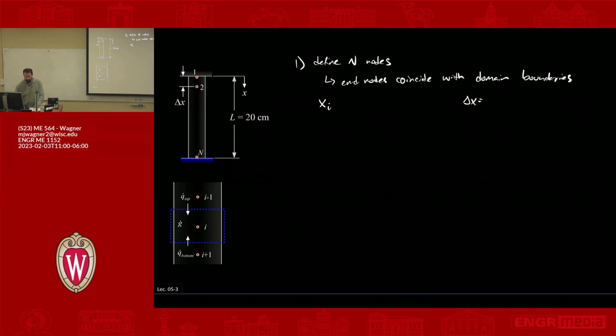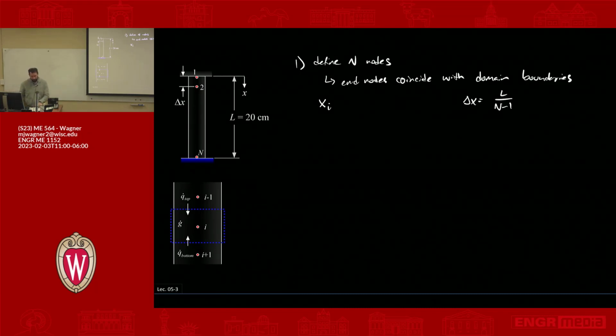What is the distance between each node, remembering that the nodes are on the boundaries? That's going to be the total length, L, divided by how many segments are present. That's n minus 1. I've got n minus 1 gaps that I have to account for. So that's my delta x.